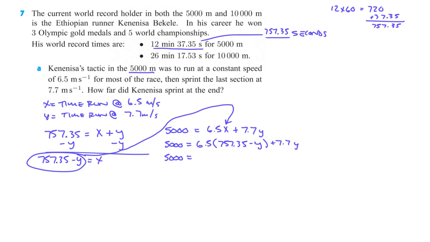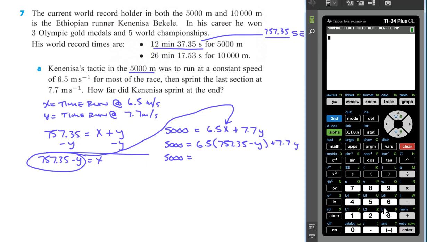5,000 equals, let's figure out what 6.5 times 757.35 gives us. 4922.775. Wow, that's a goofy number.